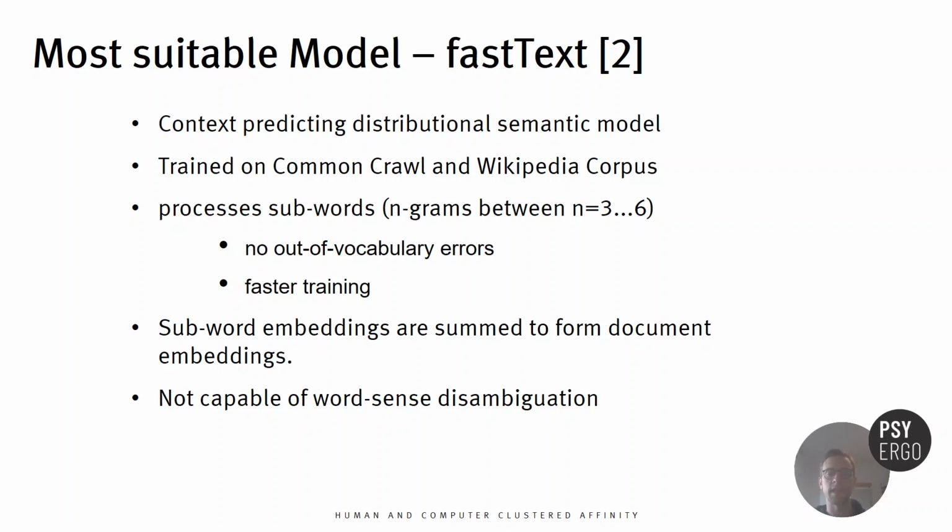Another beneficial side effect of subwords is the unlikeliness of out-of-vocabulary errors. The subword embeddings are subsequently summed and form the document's embedding. However, FastText is not capable of word sense disambiguation. That is, FastText is unable to distinguish between words of the same spelling but different meanings.